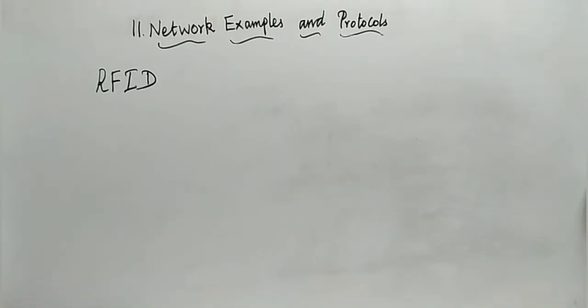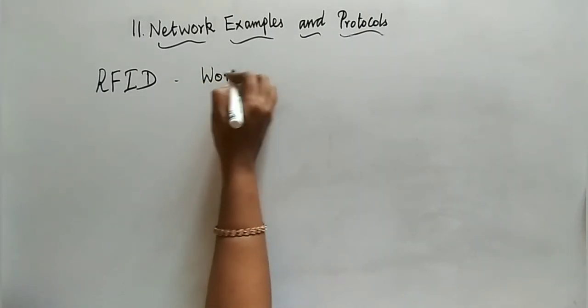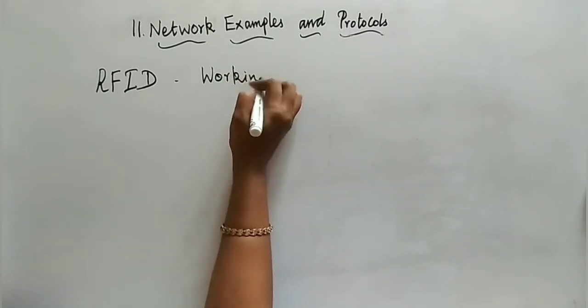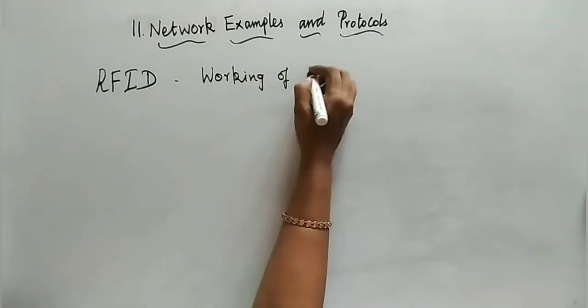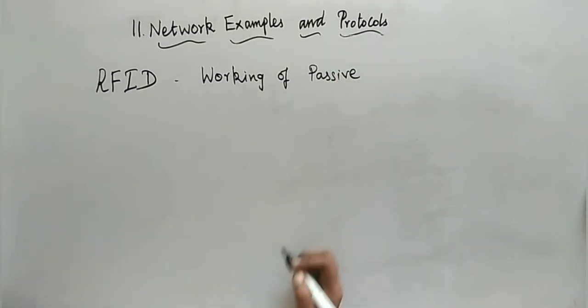Next, we are going to discuss the working of a passive RFID system. Already we have discussed the two types of RFID: your passive RFID and your active RFID. Now we are going to see the working of a passive RFID.